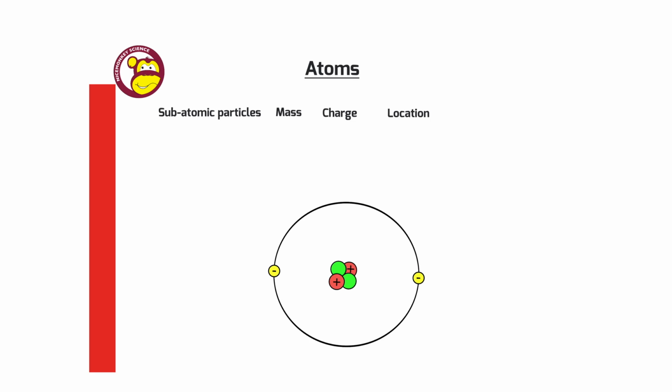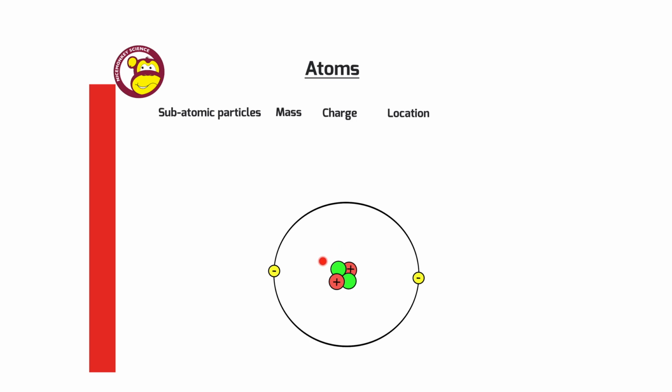The term subatomic particles just means within an atom, or the particles found within the atom. They each have their own mass. The particles vary with mass, charge, and the location within the atoms that they're found. The basic atomic structure consists of a central nucleus.